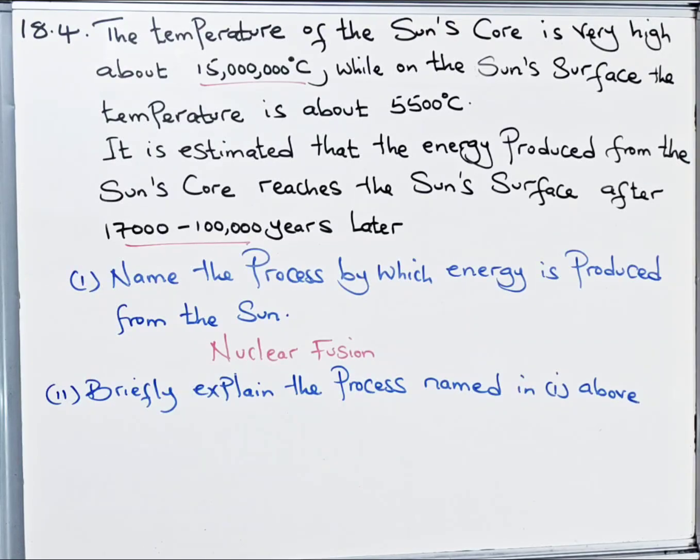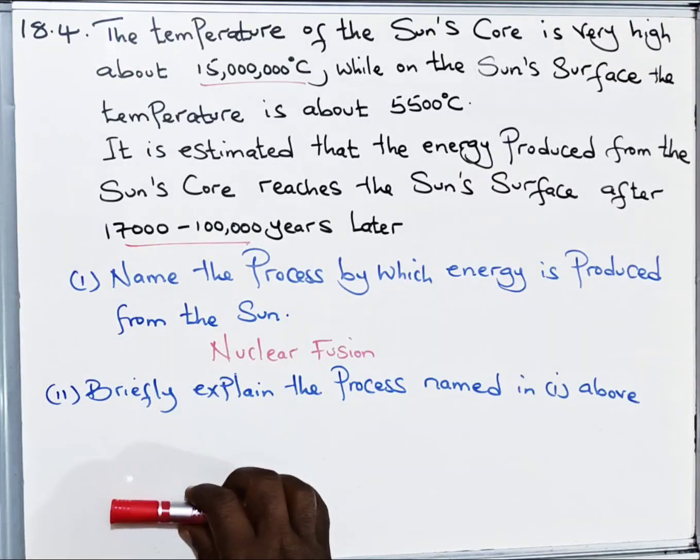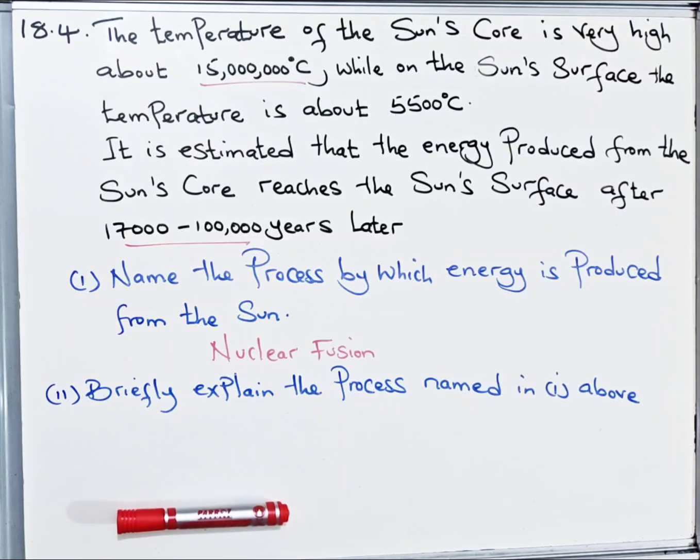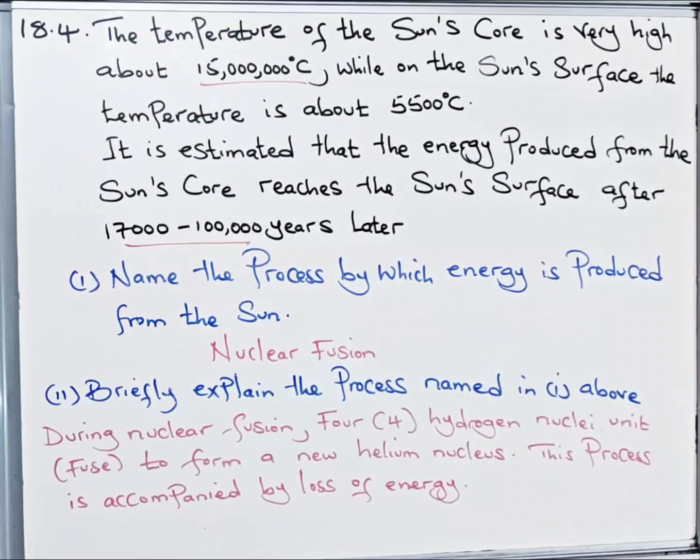There's some energy which is lost, and that energy is what we receive as heat. So that's briefly what happens. 4 hydrogen atoms unite, combine to form 1 helium atom. The process is accompanied by loss of heat.